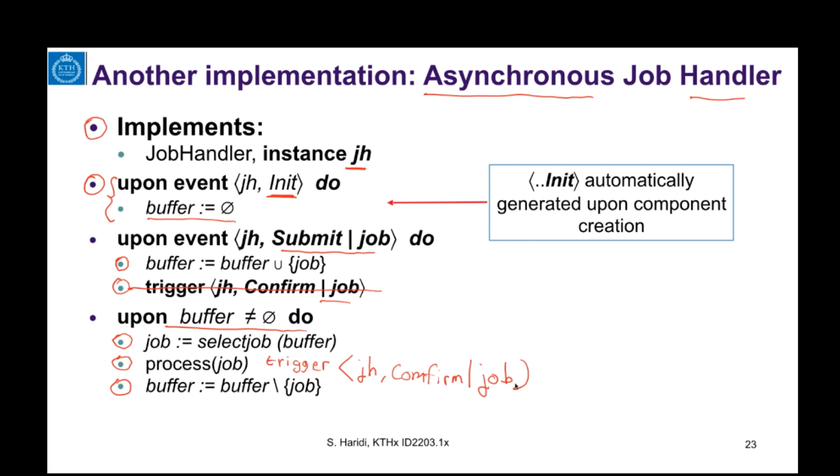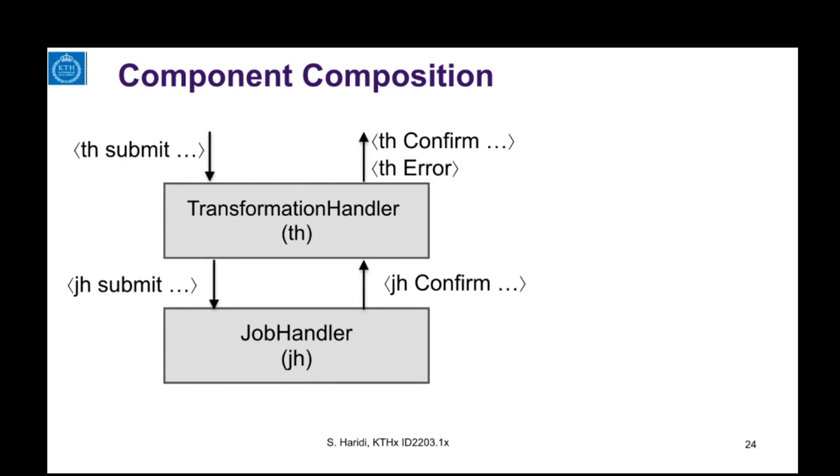So this is another implementation that satisfies the specification, but now you can see that the output could be a sequence of submits followed by a sequence of confirms, which is quite different from the original sequence that is allowed by the formal implementation. We can go further and compose components together.